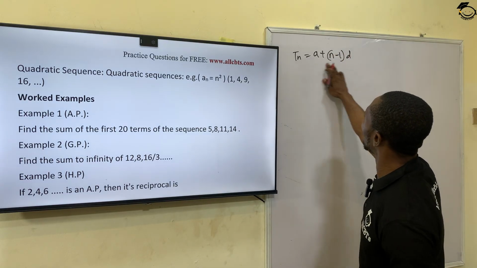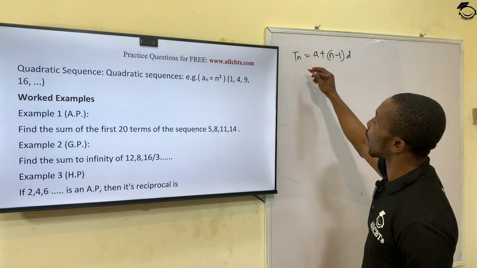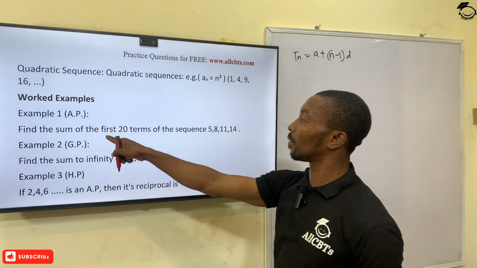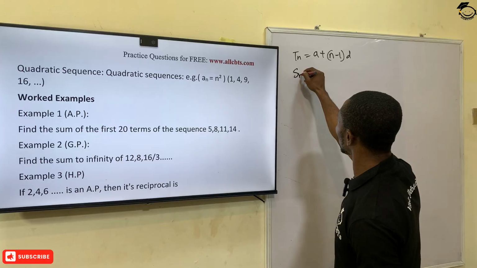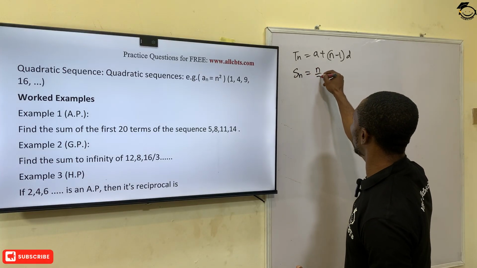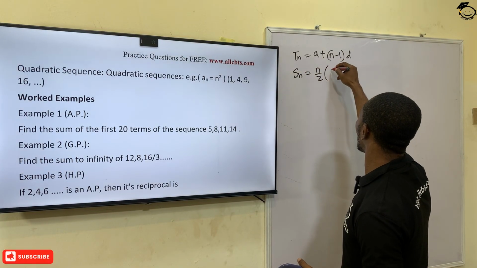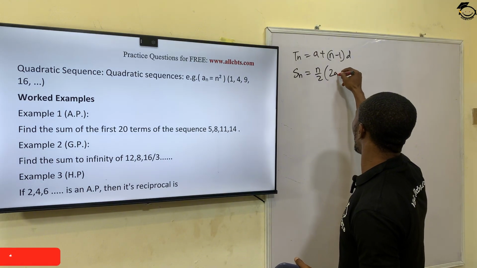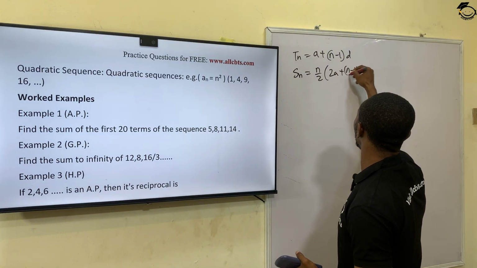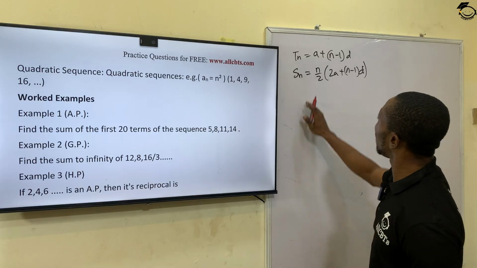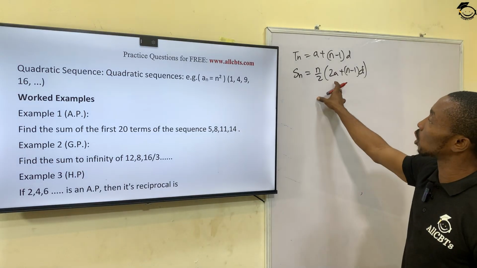This is for finding our terms, and since we are asked for the sum of the first 20 terms, it will give us Sn equals n over 2 bracket 2a plus n minus 1 d. With this, we find our sum of terms.